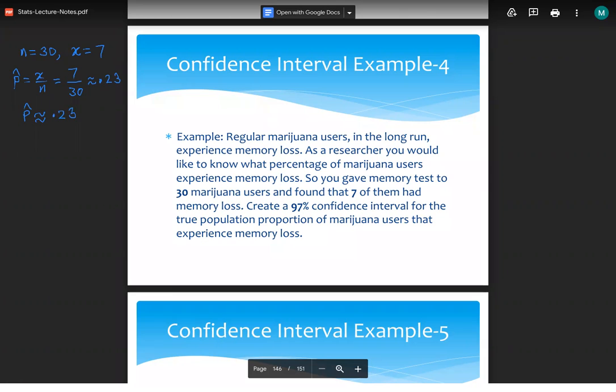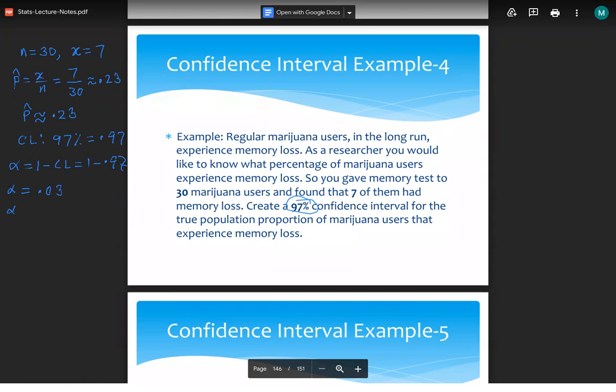Then the problem wants you to find a 97% confidence interval. So your confidence level is going to be 97%, which is 0.97. Your significance level alpha is 1 minus the confidence level, that is 1 minus 0.97, right? So that is going to give you alpha equal to 0.03.